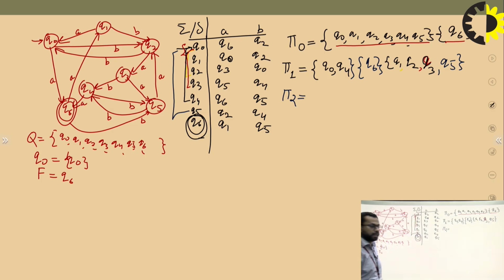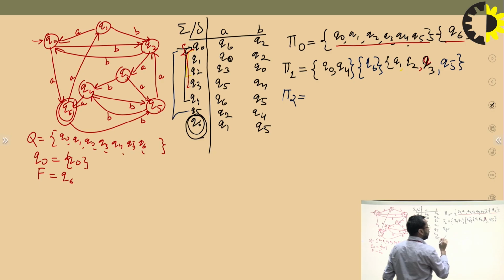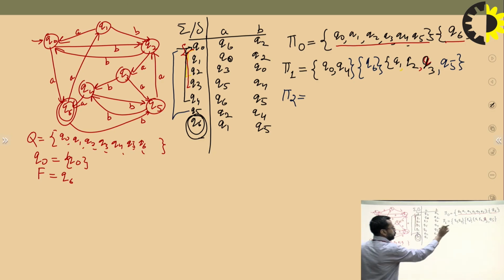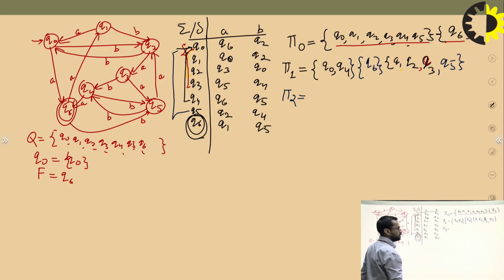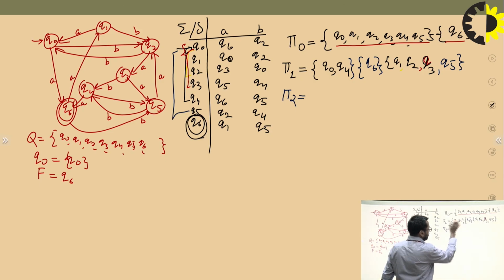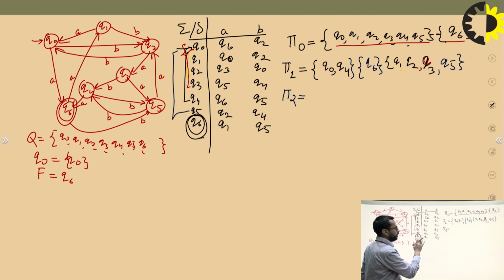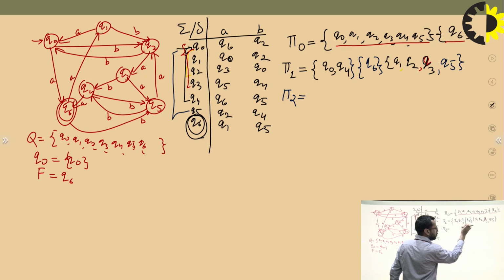We will calculate the two equivalence from this set one, Q0 and Q4, and check whether their next states in the transition table, after applying the input symbols A and B, exist in the same set or a different set. If they exist in the same set, we keep Q0 and Q4 in the same set, otherwise in a different set.